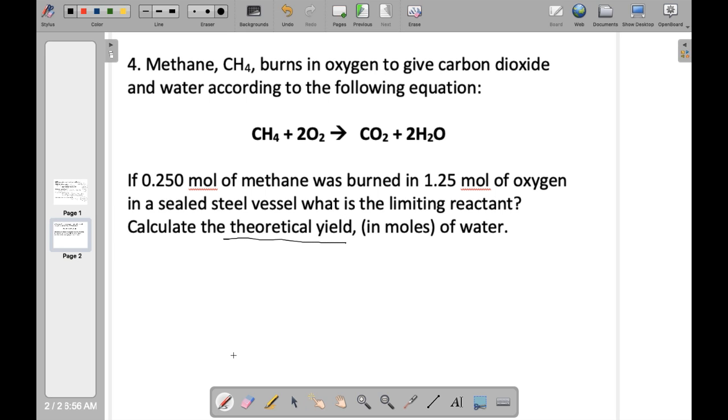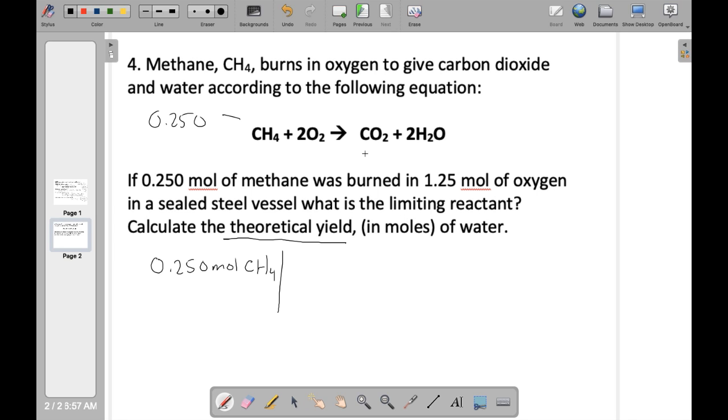Okay, let's go. Remember, we have 0.250 moles of this. So we'll start off with 0.250 moles of methane. I don't have to convert this to moles. It's already in moles, so I'll just go ahead and do my mole ratio. But before I do that, let's make sure this is actually balanced.